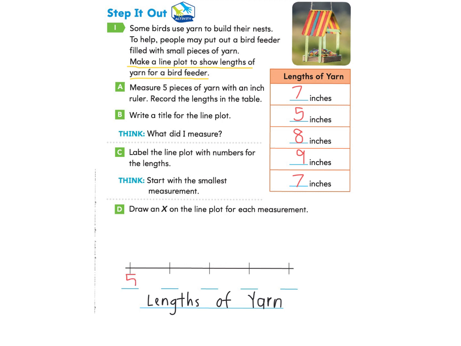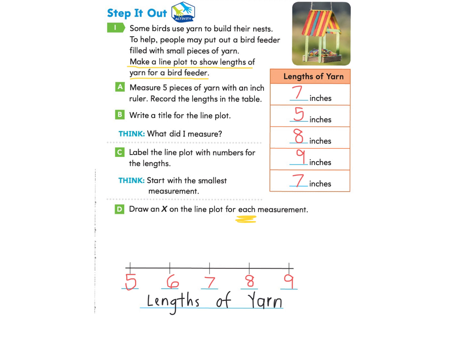So we're going to put 5 here, and then we're going to just increase by 1. 6, 7, 8, 9, and we know 9 is the biggest number on our table, so that's where we can stop. Okay, great. So our last part asks us to draw an X on the line plot for each measurement. That's a really important part of this, each measurement.